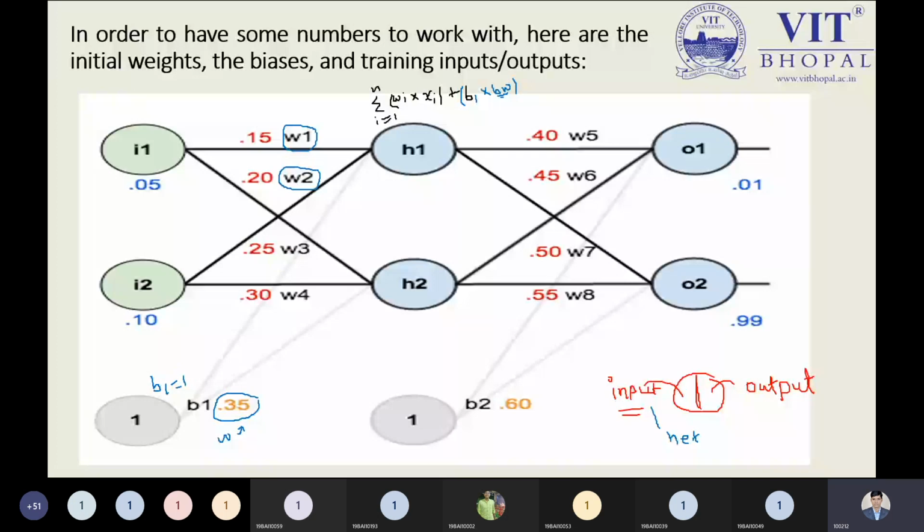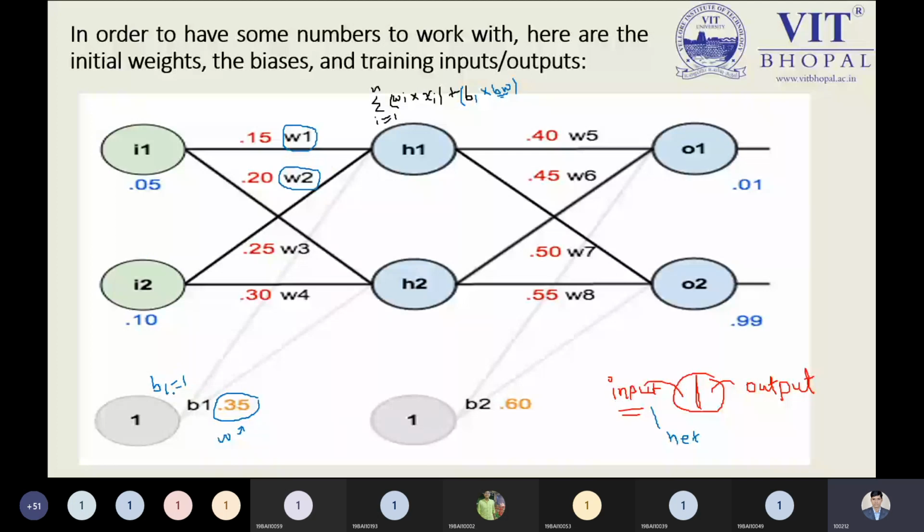See, we are calculating net one. How are we calculating the net one value of the H1? How many inputs do we have and how many inputs are connected? I1 and I2 are connected. Say yes or no. Yes, sir. So the values of I1 and I2 will be multiplied by their respective weights, W1 and W2. I am marking it in a circle so you can see. Then at the last we have to add its bias value.